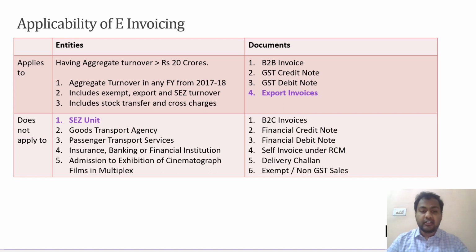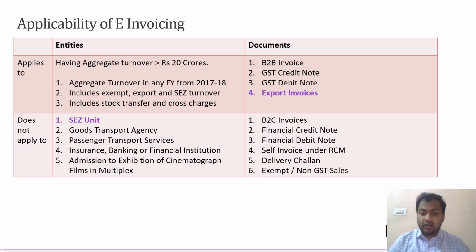Apart from that, four other businesses have also been exempted from complying with the e-invoicing procedure. As far as documents are concerned, B2B invoices have to be electronically generated. B2C invoices are not required. GST credit notes, that is, any credit note where we are reversing GST, or any debit note where we are adding GST, or export invoices where there is no GST at all, will have to be generated electronically.